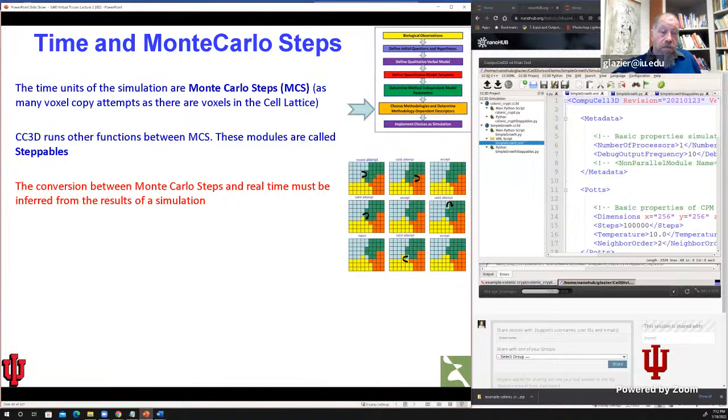The intrinsic time scale is given by the number of lattice sites I have, in attempts. So if I'm in a 100 by 100 lattice, I will do 10,000 pixel copy attempts. That's one time unit. And that's called the Monte Carlo step.